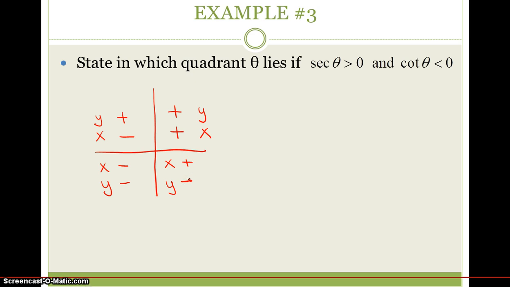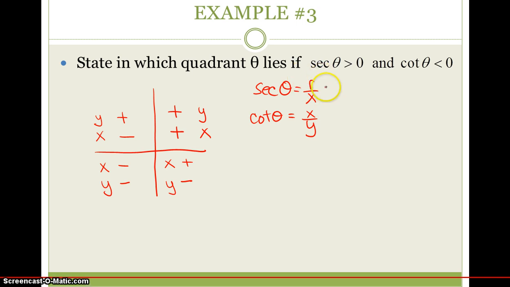Okay, so now we know where our x's and y's are positive and negative. This is going to help us determine where secant is positive. Remember, our secant of theta is equal to r over x, and our cotangent of theta is equal to x over y. Remember, we said that r is always positive.